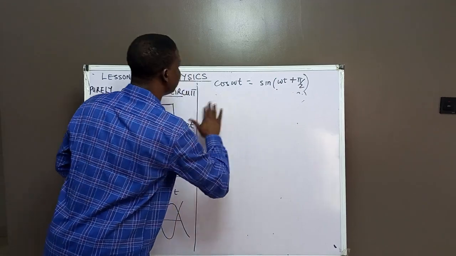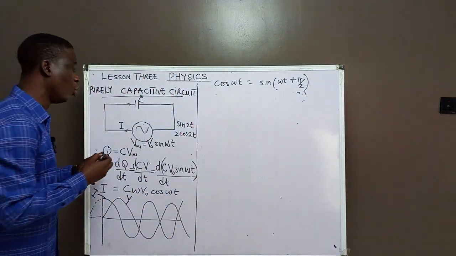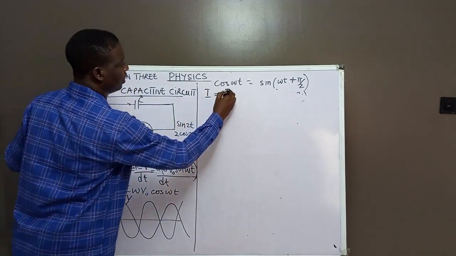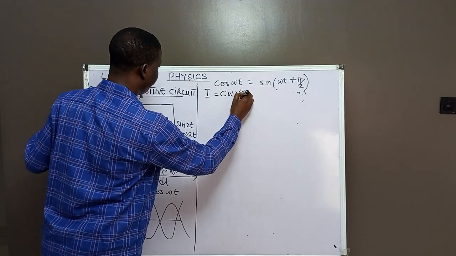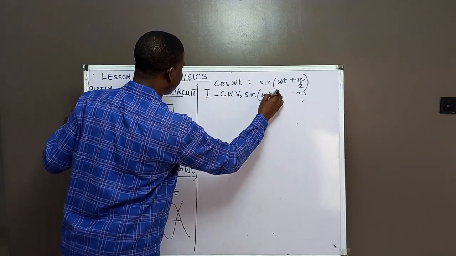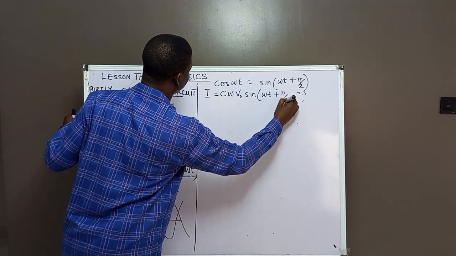That is to say that the current I can be written as C w V naught sine of omega t plus pi over 2.